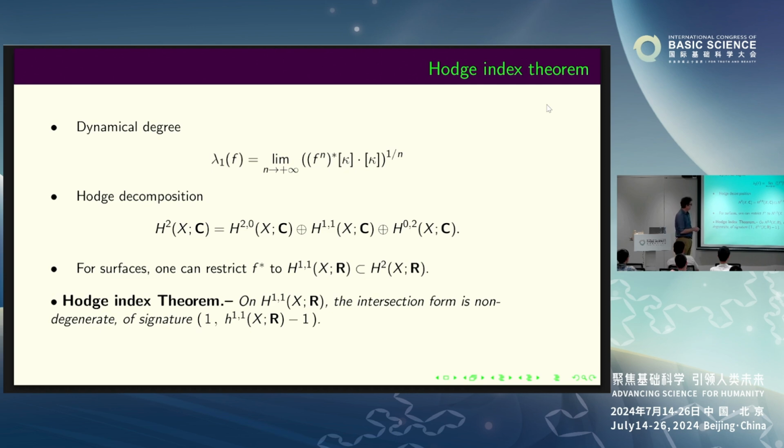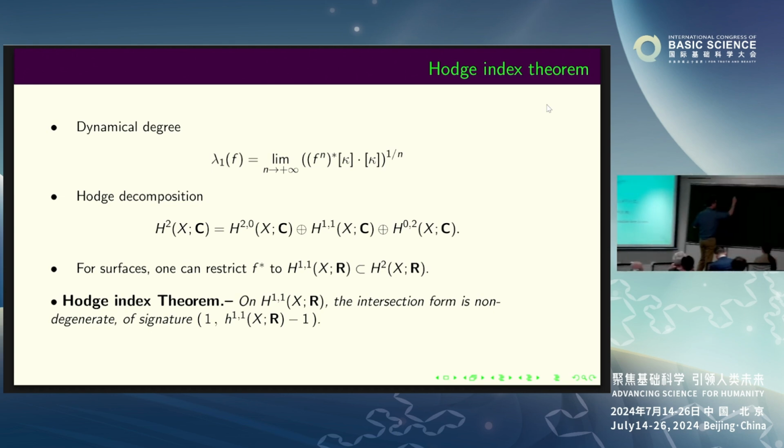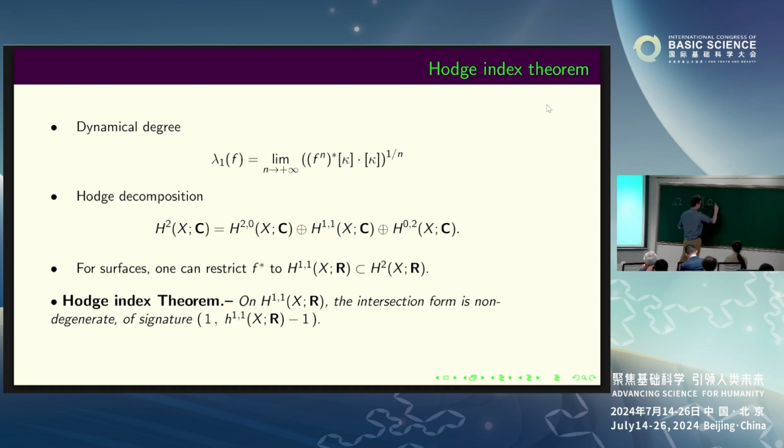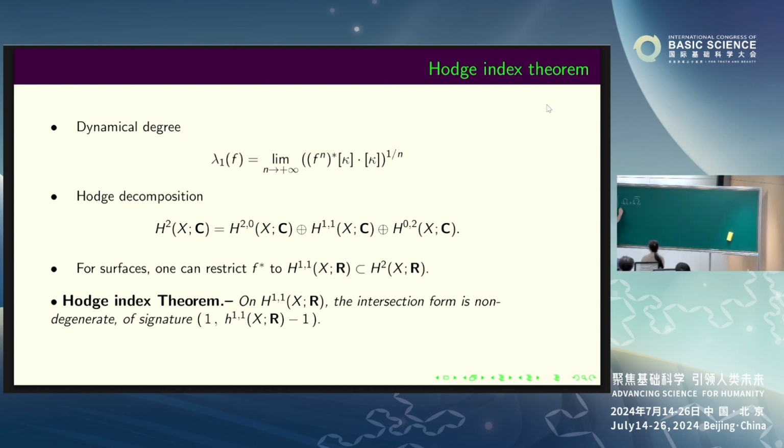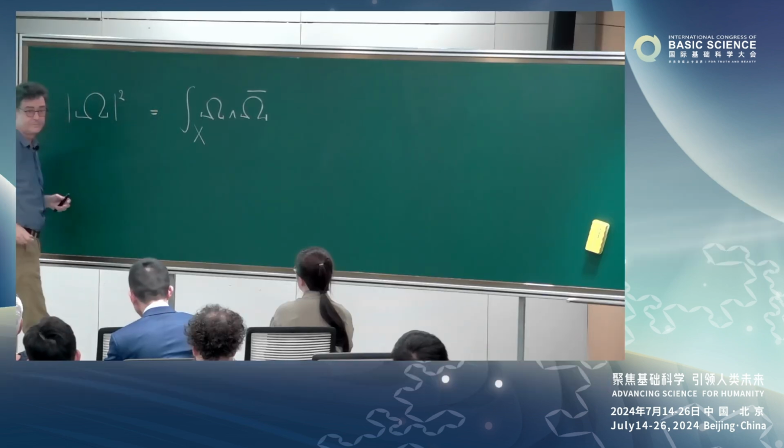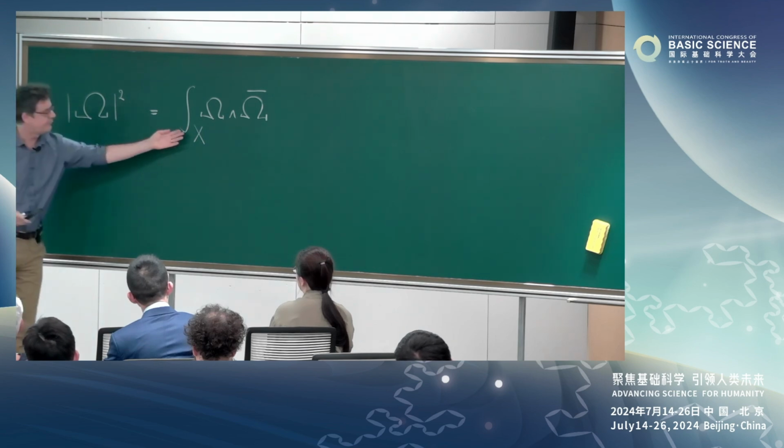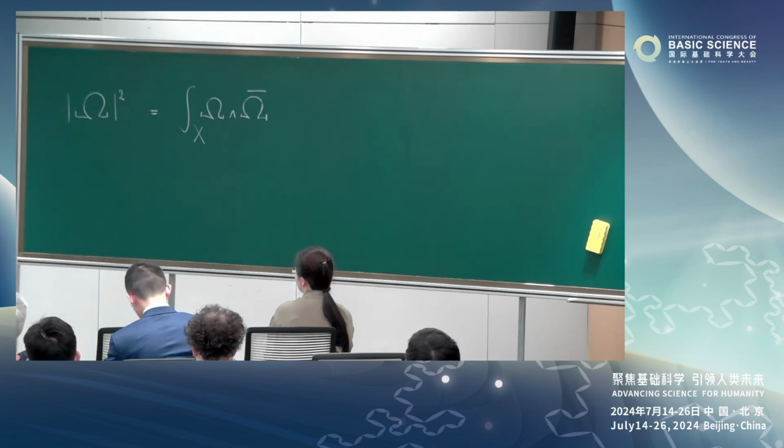A class in H20 is represented by a holomorphic form, a globally defined holomorphic 2-form. And when you have a holomorphic 2-form, you can compute its volume. So if omega is a 2-form on X, you can integrate omega wedge omega bar on X and say that this is the norm squared of omega. So this defines a Hermitian form on H20.